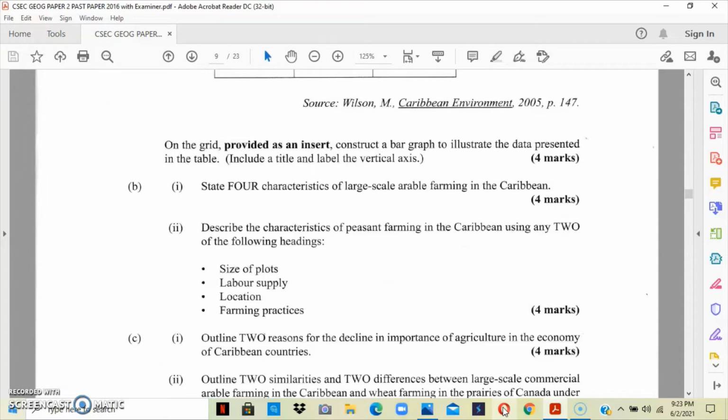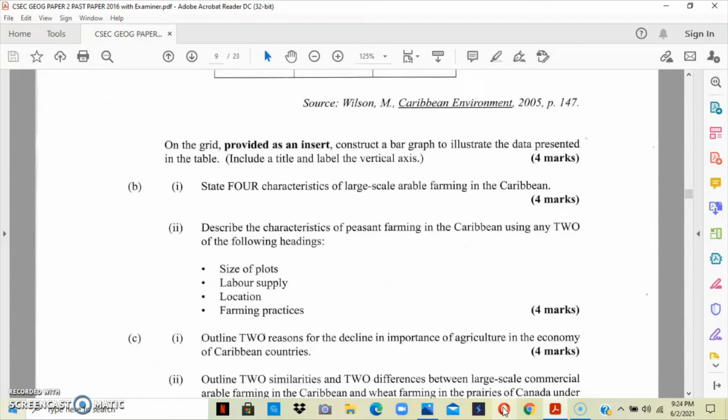Good. Part B asks us to describe the characteristics of peasant farming in the Caribbean using any two of the following headings. So, peasant farming is usually farming done on a very small scale. So you can look at the size of the plot.